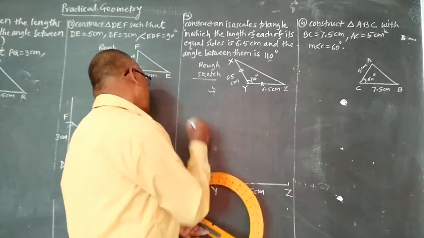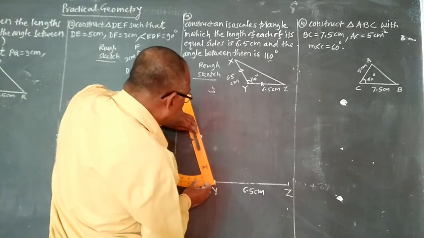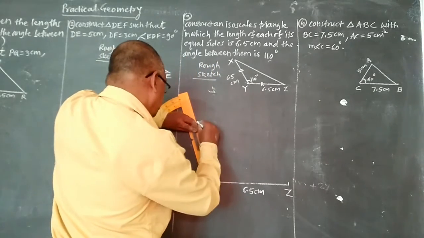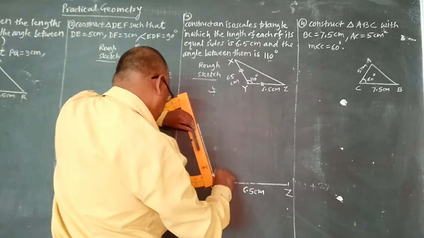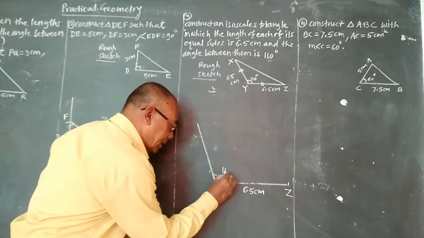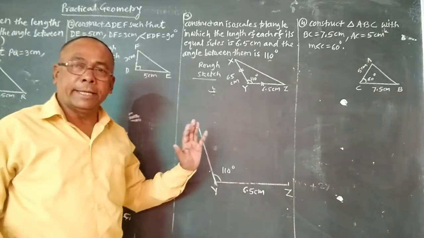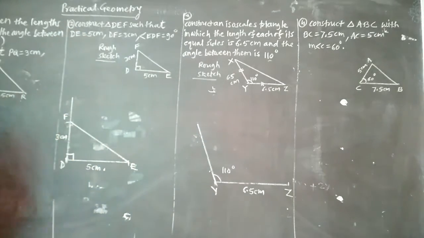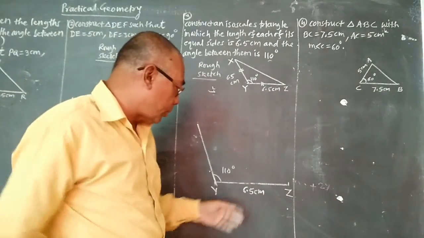So here I will mark here, and now joining these 2 points, in this way we got this angle, that is 110 degree. Here 110 degree, and now here we have to draw the another side, that is 6.5.